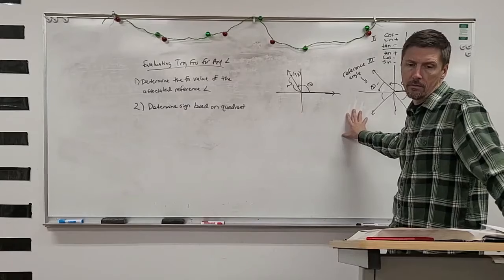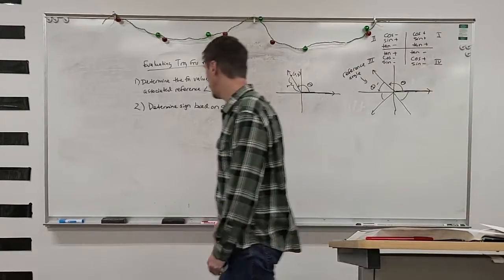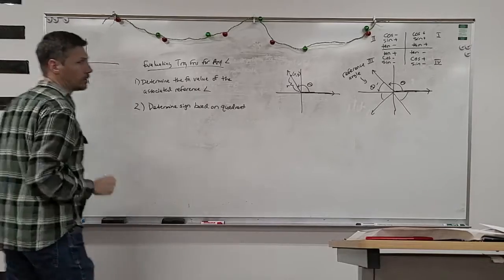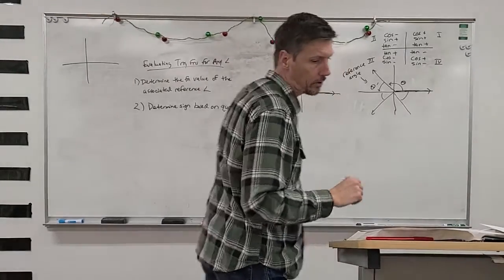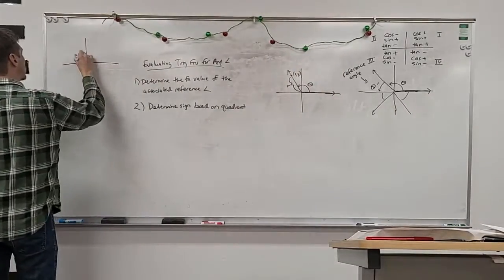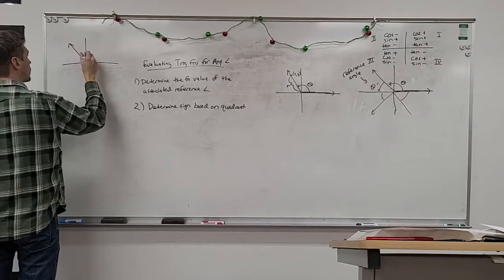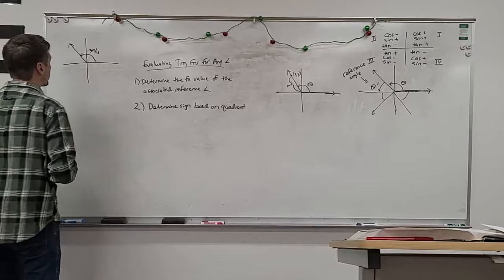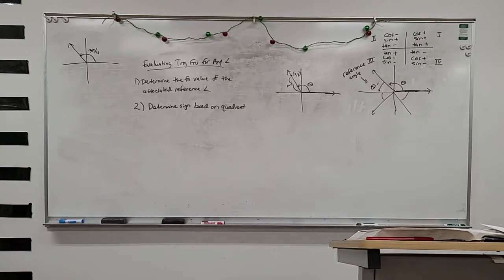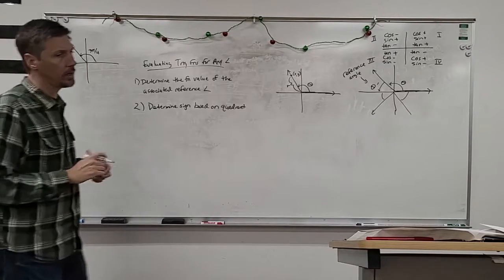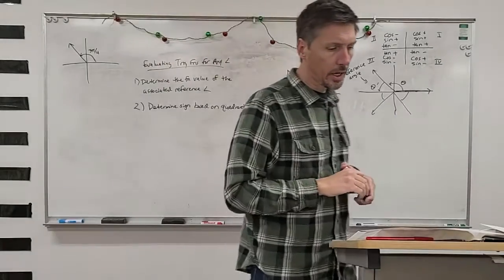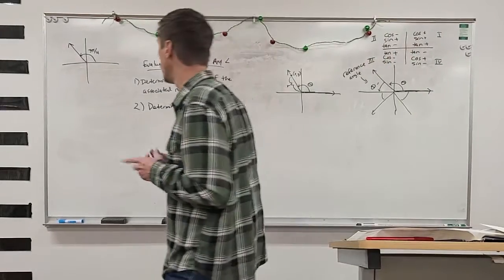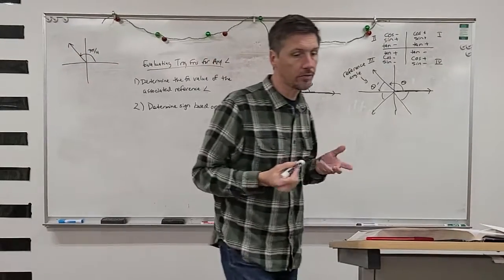For that particular one, it's like this with 3 pi. That angle is 3 pi over 4. And I tell you with this one, don't use a calculator. Give me the exact value of all of the trig functions that I'm asking for.